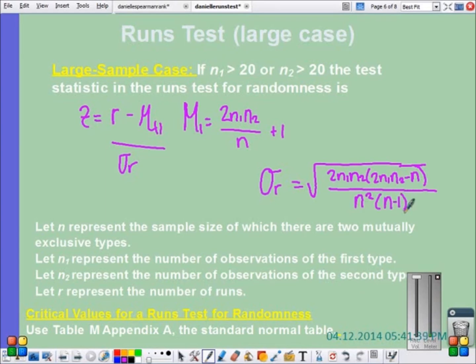Let n represent the sample size of which there are two mutually exclusive types. Let n1 represent the number of observations of the first type. Let n2 represent the number of observations of the second type. And let R represent the number of runs. Critical values for a runs test for randomness can be found in Table M, Appendix A, the standard normal table.